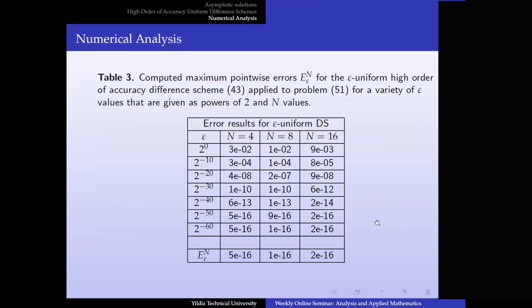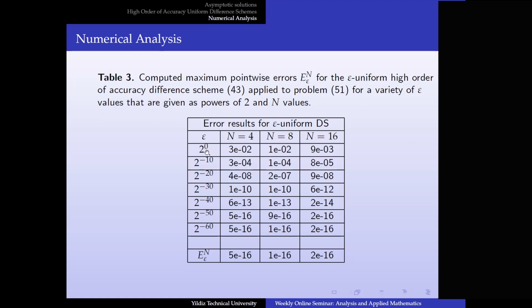In the table 3, we present results of numerical implementations. This table presents the computed maximum pointwise errors for the epsilon uniform high order of accuracy difference schemes 43 applied to the problem 51 for a variety of epsilon values that are given as powers of 2 and n values.